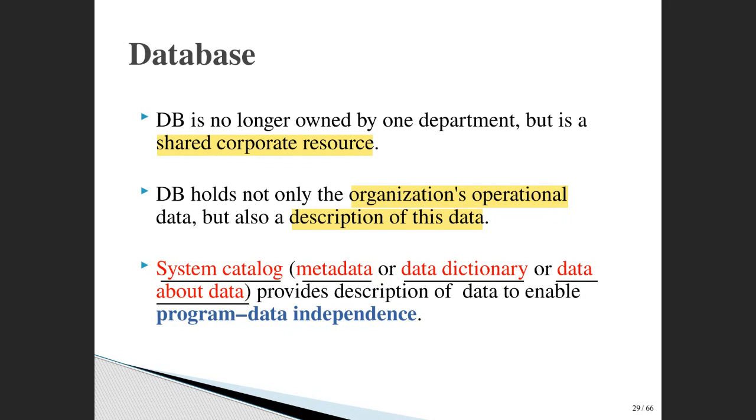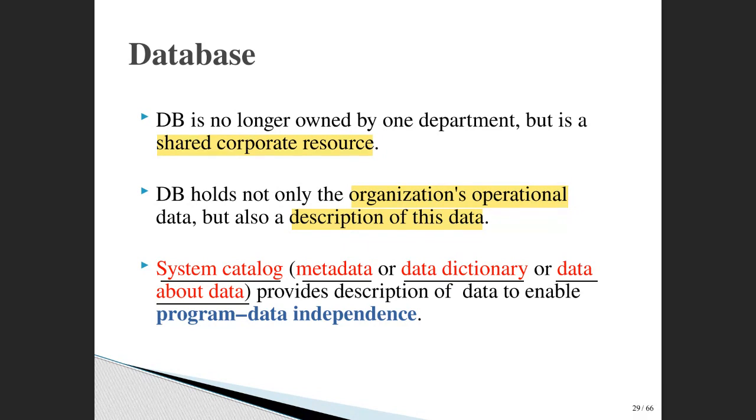For example, the name. Okay, the name will be, for example, character, and it will accept 200 characters. So there will be a number of characters allowed for this field, and it will be in caps lock or capital letter.